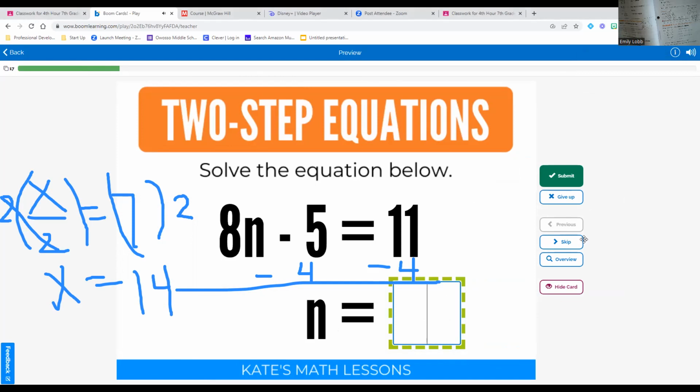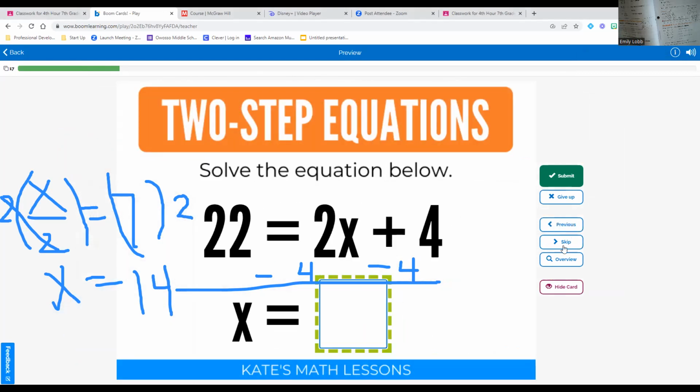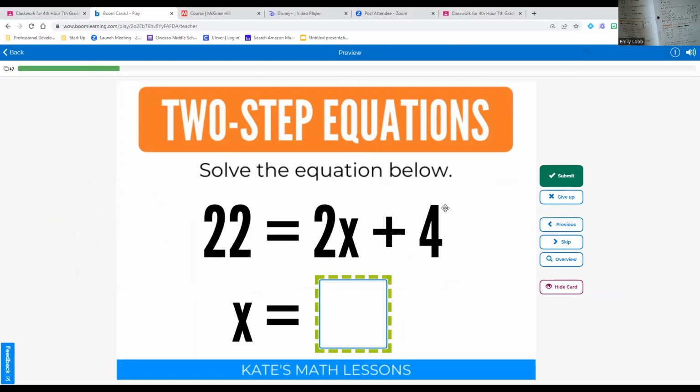So that one does look a tad bit different for sure. This one is like what we just were looking at. Don't freak out if they switch sides. You're still adding or subtracting to get rid of the constant. So what would I do first here, Lucas? Welcome to math class. How do I get rid of plus 4? Subtract it from both sides.